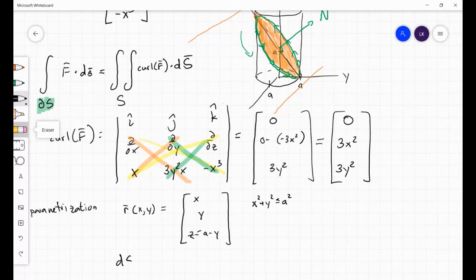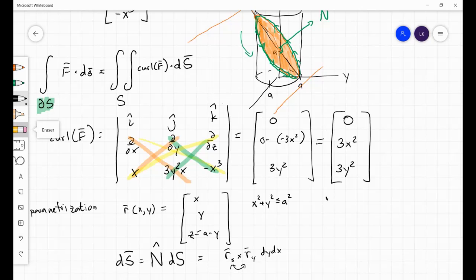So now dS, or if you'd like, the unit normal to the surface times the differential area element. We know the formula for that. We'll have to be careful here because the orientation has to be right. So this is going to be the derivative of r with respect to x crossed with the derivative of r with respect to y, dy dx. Or the other way around. I have to make sure that my normal is pointing upward.